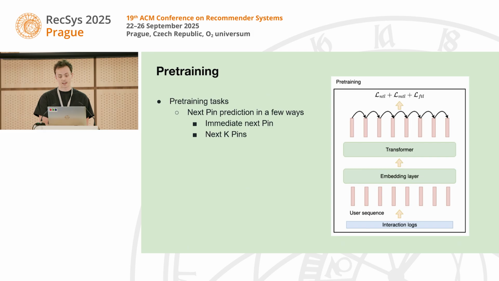So the pre-training task is a purely sequential task. We focus on next pin prediction, and specifically, we use an InfoNCE-based contrastive task to predict whether future items are positives on the basis of previous transformer outputs.